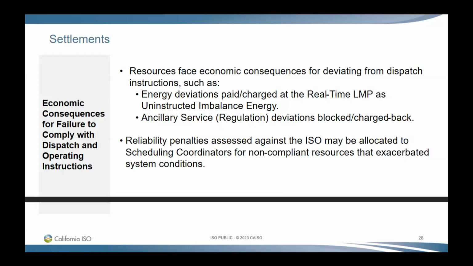So settlements is definitely your day-to-day implication that you can get for not following your dispatch instructions, and definitely for not following your operating instructions as well.